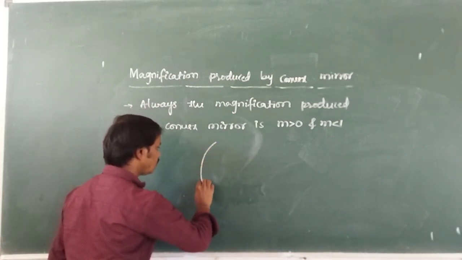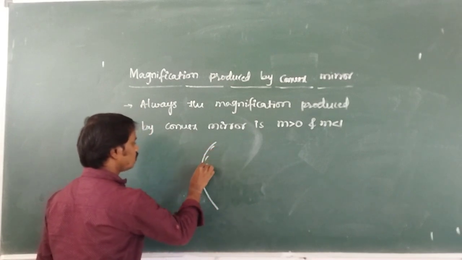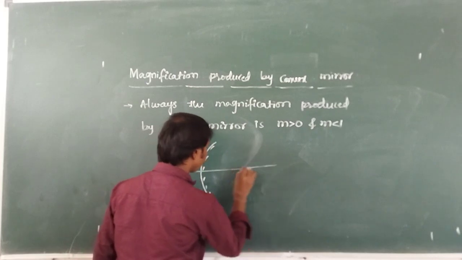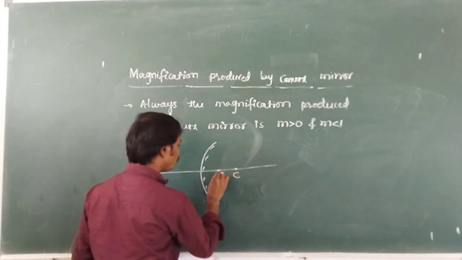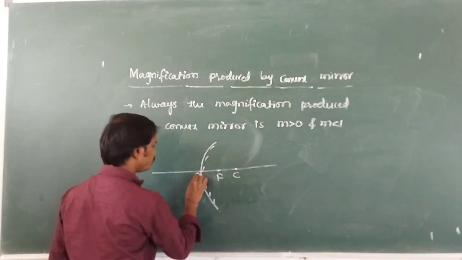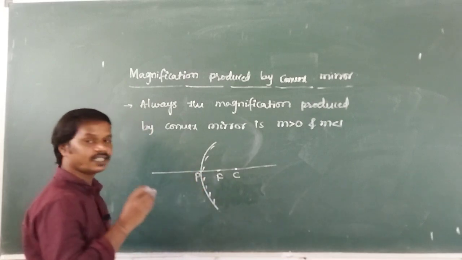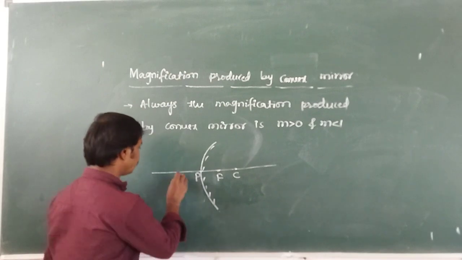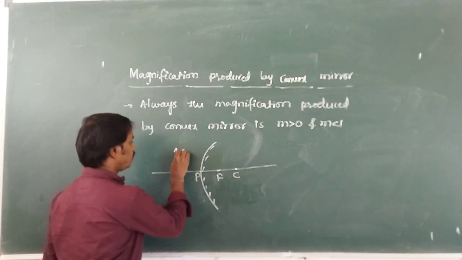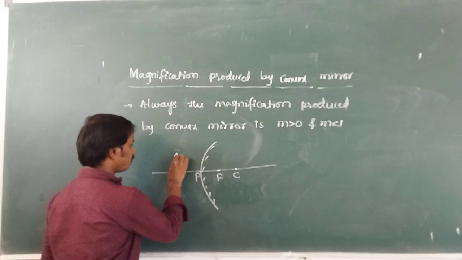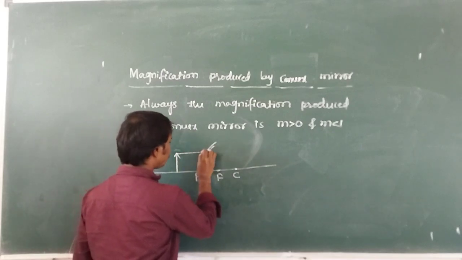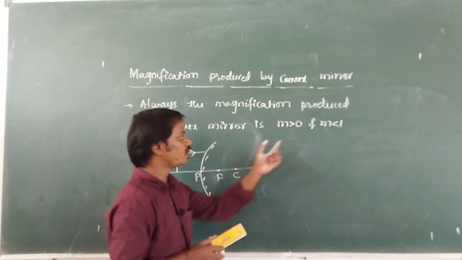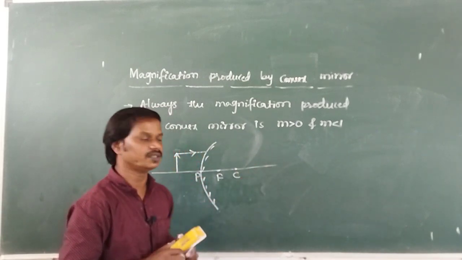Let us draw the ray diagram. Let us take a convex mirror. Center of curvature, focus and pole. If the object is anywhere between infinity and pole of the convex mirror, the nature of the image formed by the convex mirror is virtual and erect, and the size of the image is diminished.